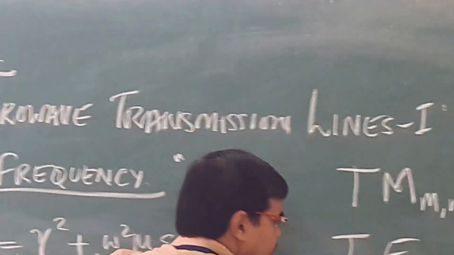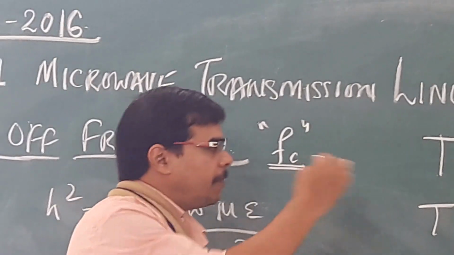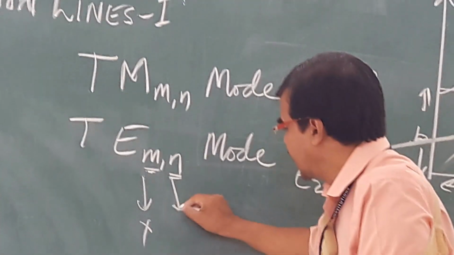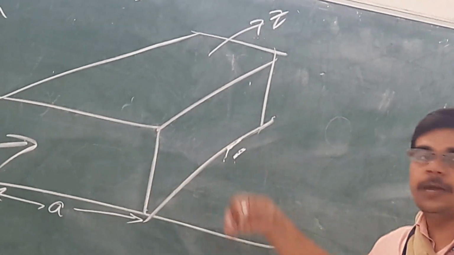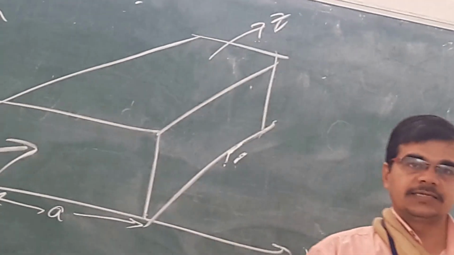Okay. What is this your m and what is this your n? This m and n, it denotes, say, first this is for your x-axis and this is for your y-axis. Here we will see how many half cycles you are having in your x-axis and in your y-axis.